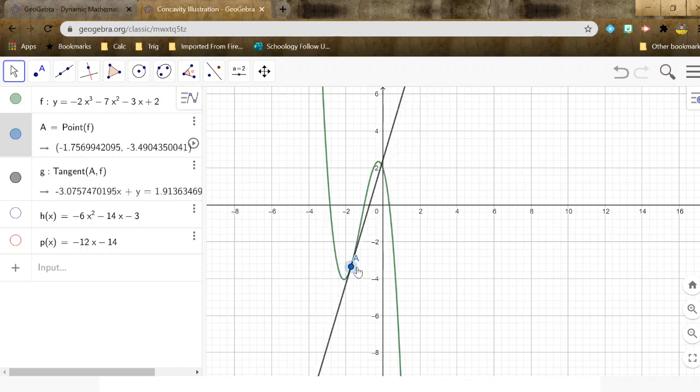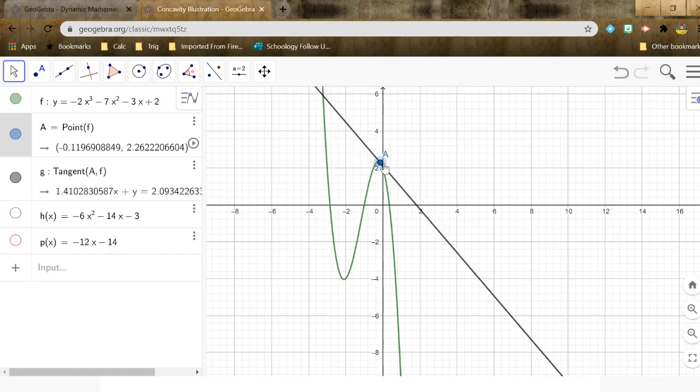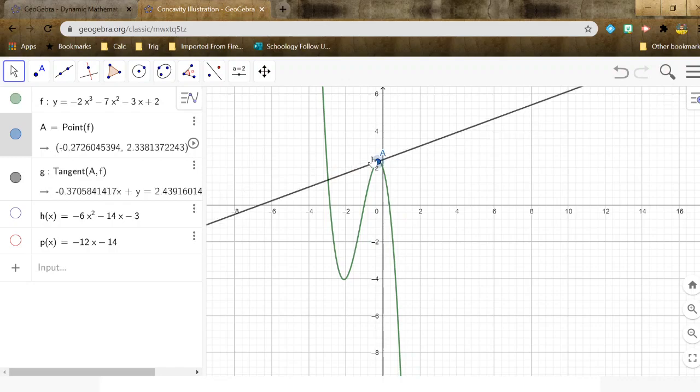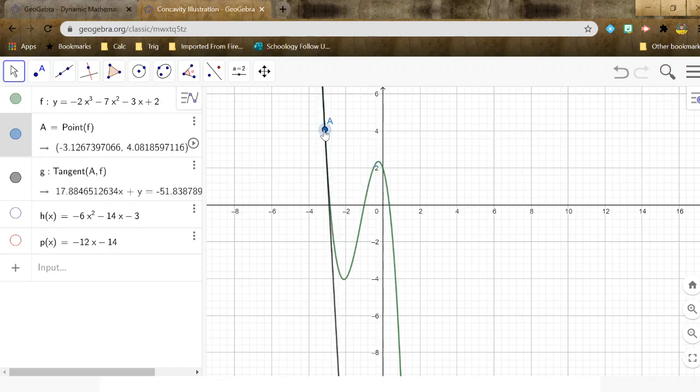So as I move from left to right, when the slope is becoming more positive, we have this smiley face. When the slope becomes more and more negative, that's when we have this frowny face. Since we're talking about slopes, we know that we're talking about the derivative.